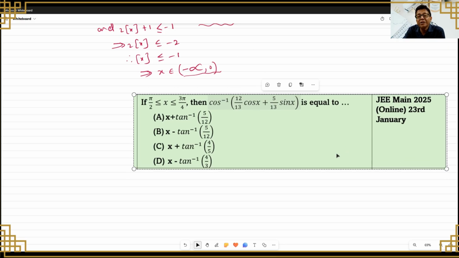This came in 23rd January. See the question. X is greater than or equal to minus pi by 2 and less than or equal to 3 pi by 4. This is equal to what? I can wait for your calculation.